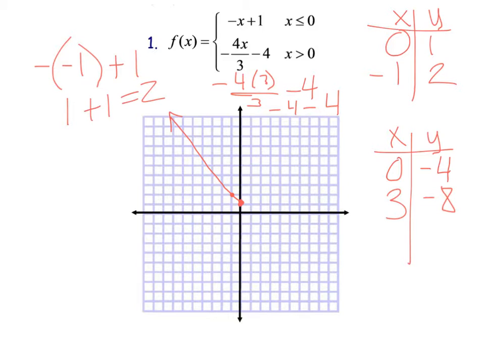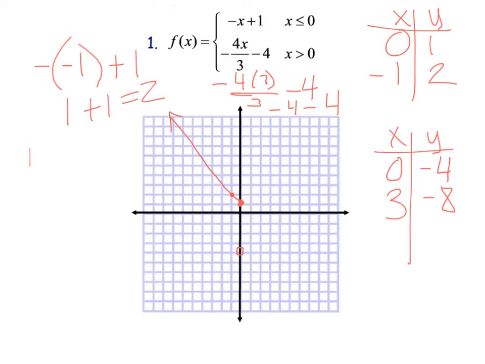The first point, (0, -4), is going to be an open point. I know that from looking at my domain. It's a greater than symbol, it doesn't have the equal sign under it, so the first point that I plot is going to be open. So (0, -4), plot an open point there.